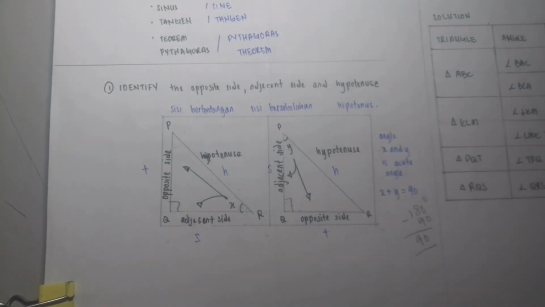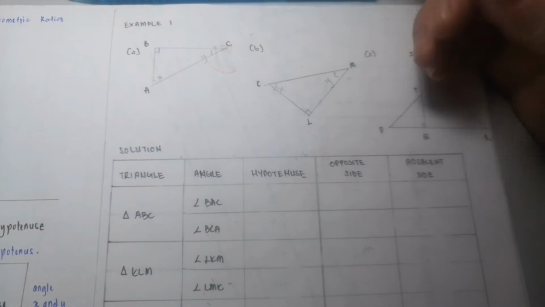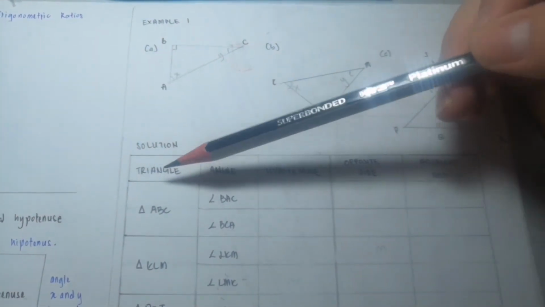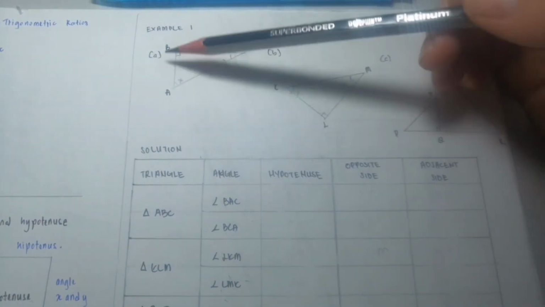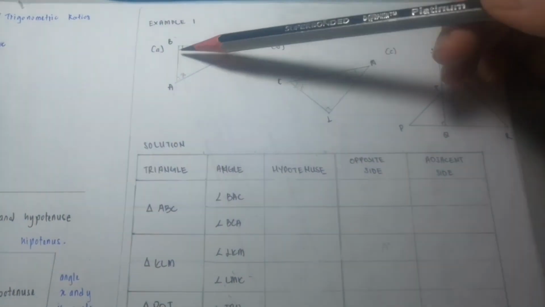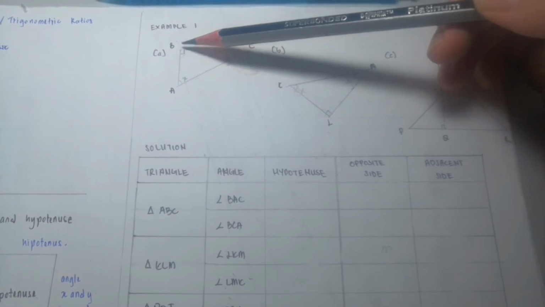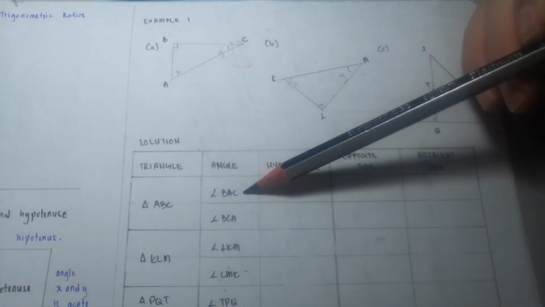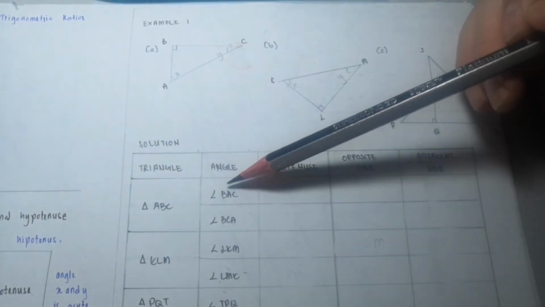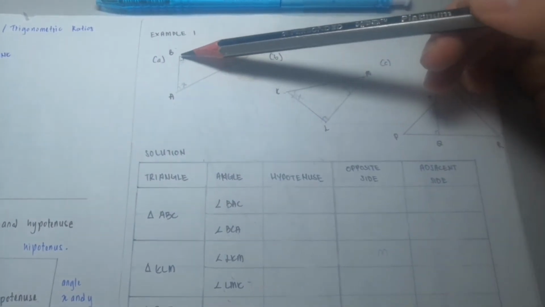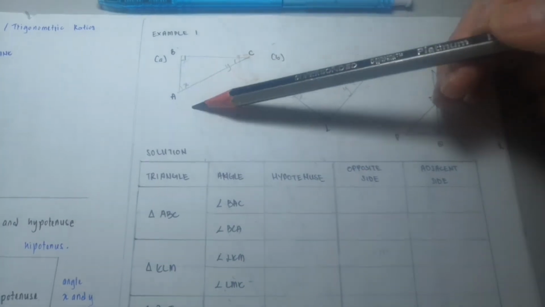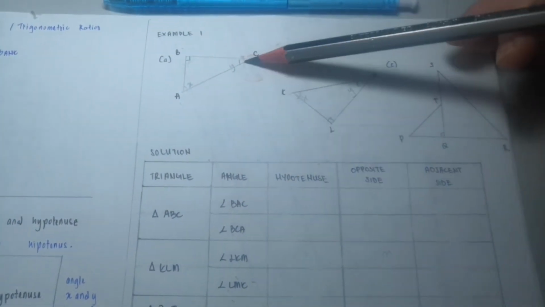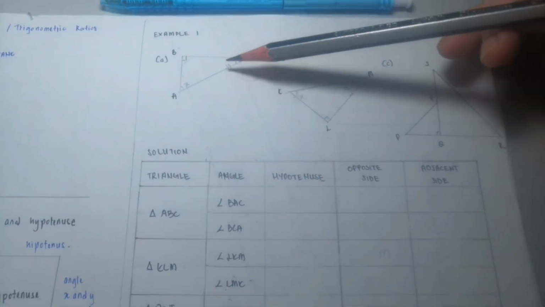Let's go further. Okay, so we come to example 1. We have a triangle ABC, and the right angle is at B. So let's see which angle we need to use first. BAC, which is here, we call it x. And BCA, we call it y.